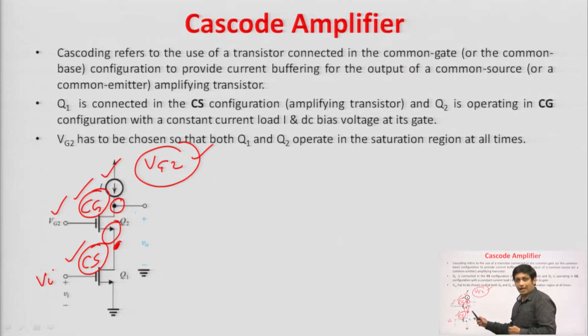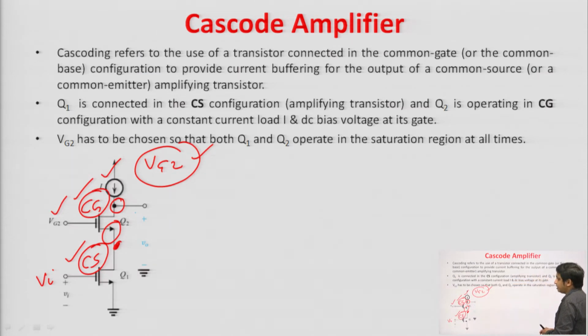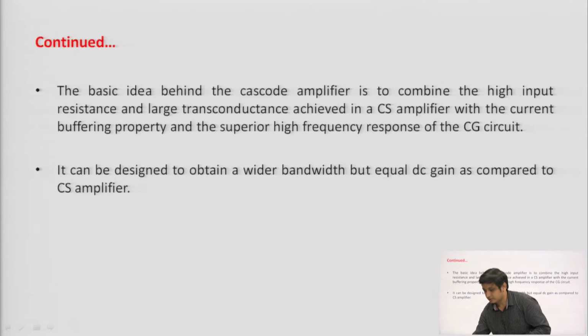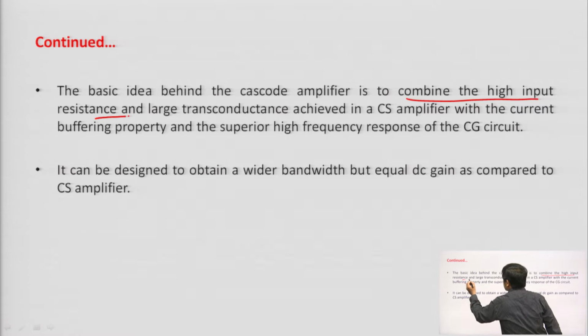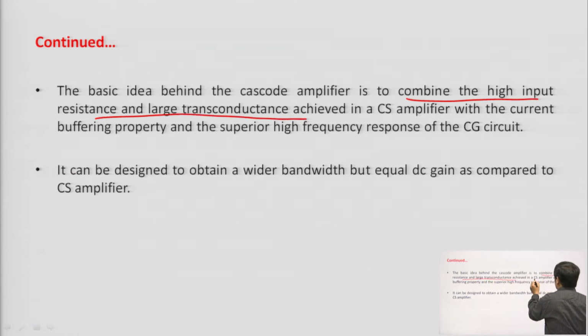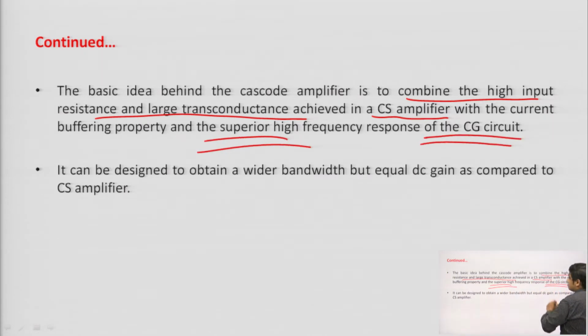In BJT, we take common emitter amplifier and common base amplifier, fine, and there we need to ensure that in BJT both the transistors should be in active region, but in MOSFET both the transistors Q1 and Q2 should be in saturation region, fine. So, the basic idea behind the cascode amplifier is to combine the high input resistance and large transconductance in CS amplifier with the current buffering property and the superior high frequency response of the CG, that I have explained.